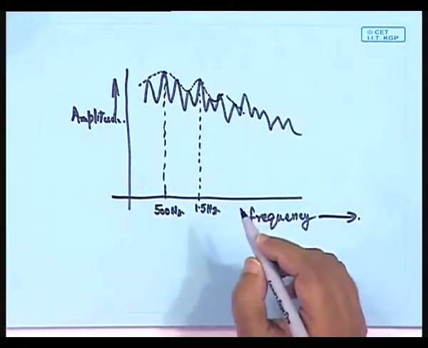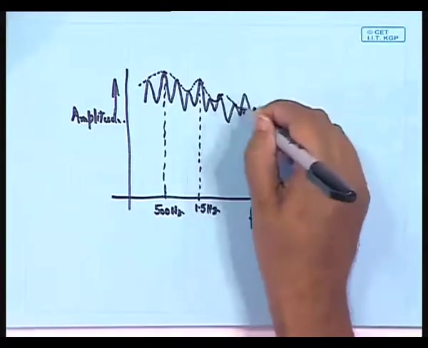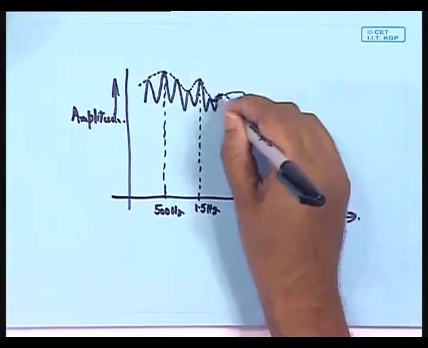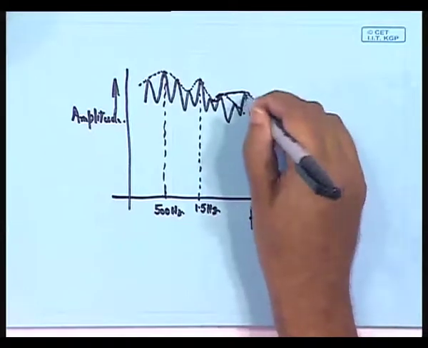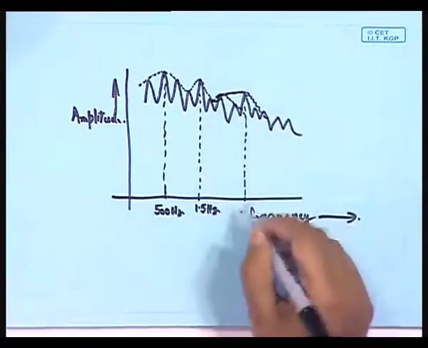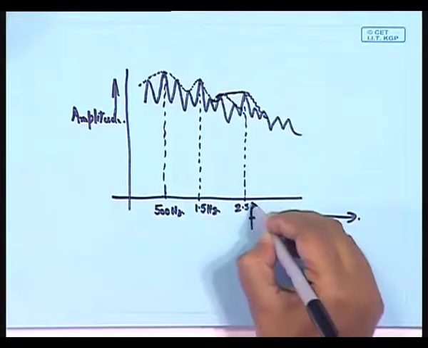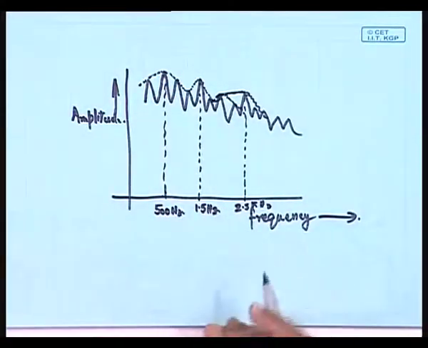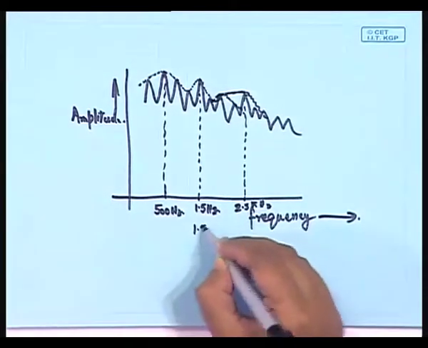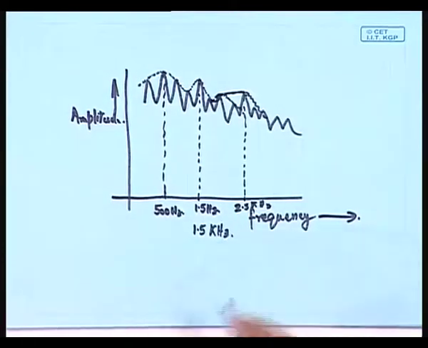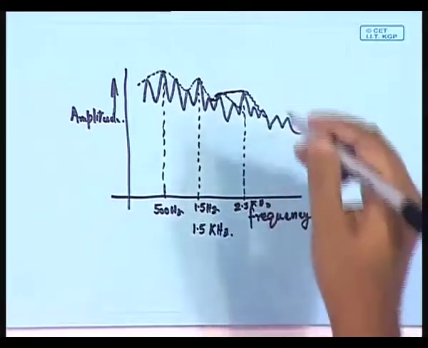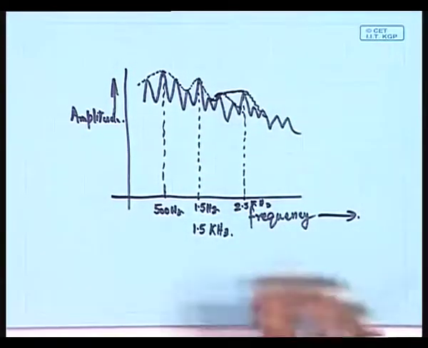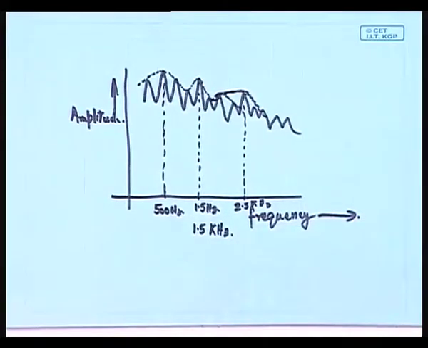Supposing this is 1.5 kilohertz, and the next peak is occurring at 2.5 kilohertz, something like this. So this 500 hertz would correspond to the first formant frequency, 1.5 kilohertz to the second formant frequency, 2.5 kilohertz to the third formant frequency, and so on.